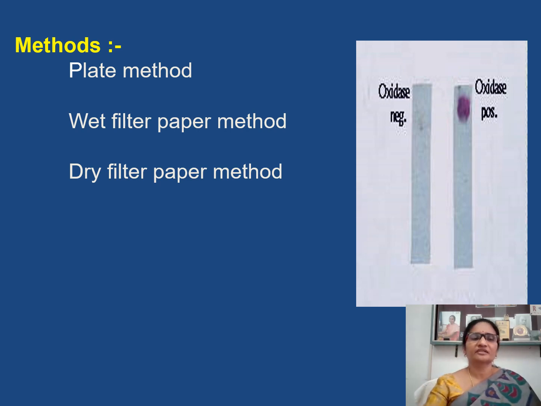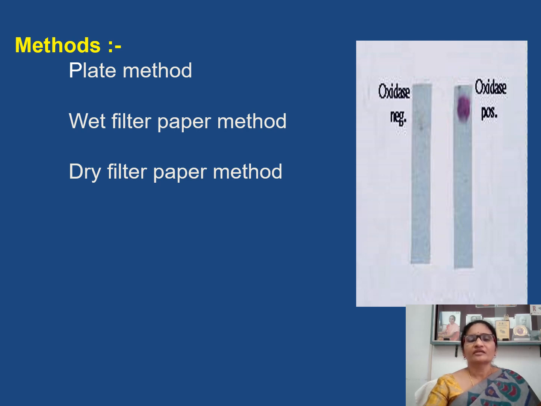One is the plate method: the solution can be poured directly on the plate having colonies. Second, you can dip the filter paper in the oxidase reagent, then do the test. Third is the dry filter paper method: prepare the solution, dip the filter papers, dry them and store them, and use them whenever you want. So it is either wet or dry.